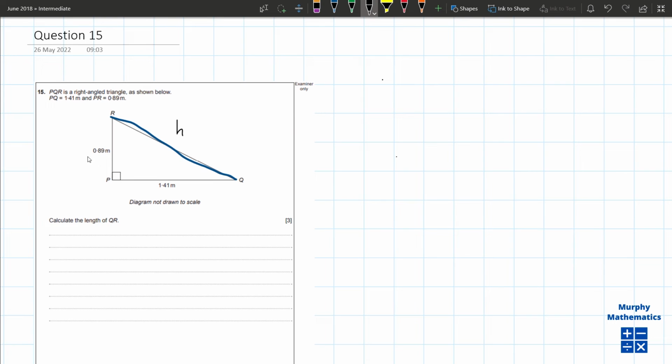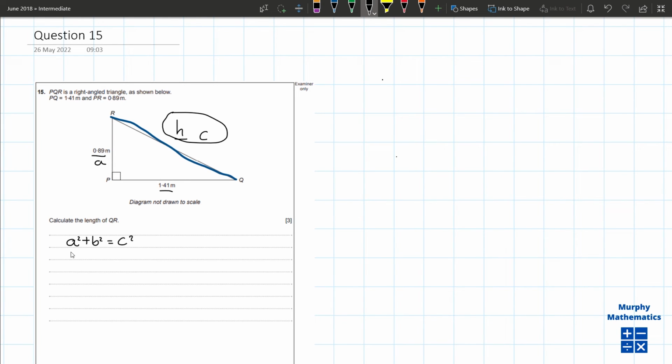So we've been given two lengths, and we've been asked to find a length. So we're going to use Pythagoras' theorem, and that's a squared plus b squared equals c squared. So we can use either of these as a and b, as long as the hypotenuse is c.